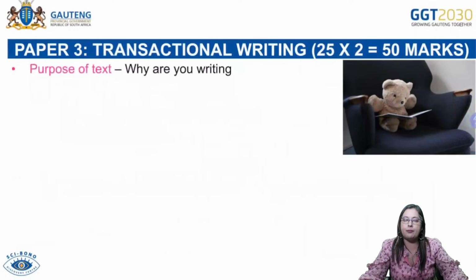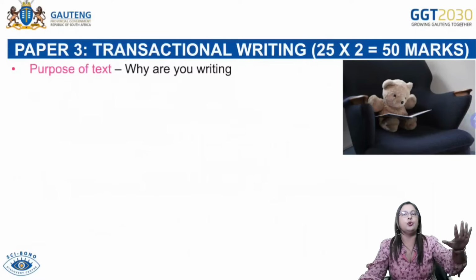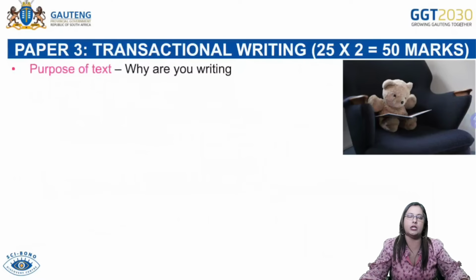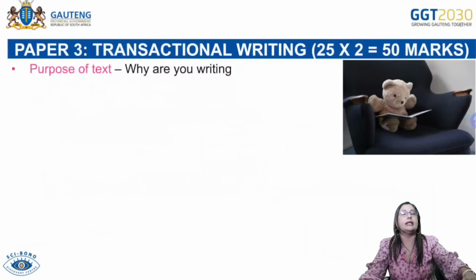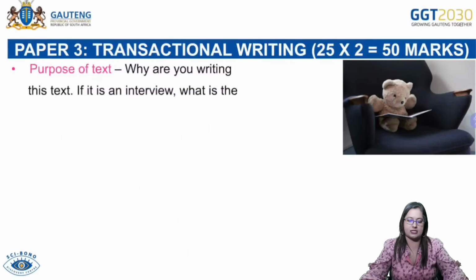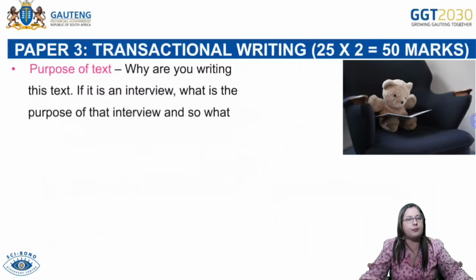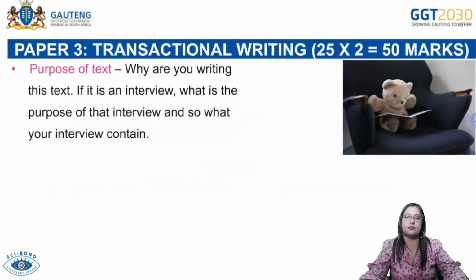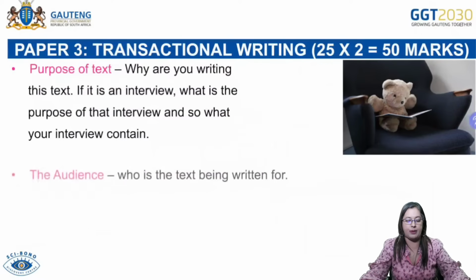Okay, remember that here now you have a purpose for writing that particular piece of work. Now you have to establish why are you writing this text. If it's an interview, for example, what is the purpose of the interview and why is this interview taking place would have to be at the back of your head.